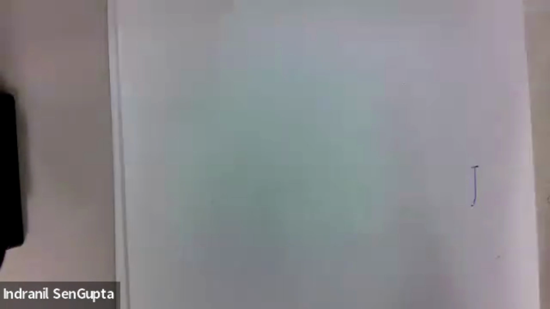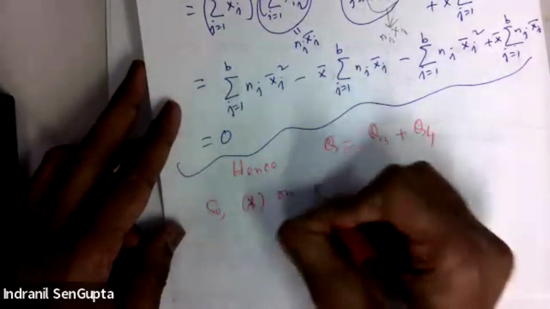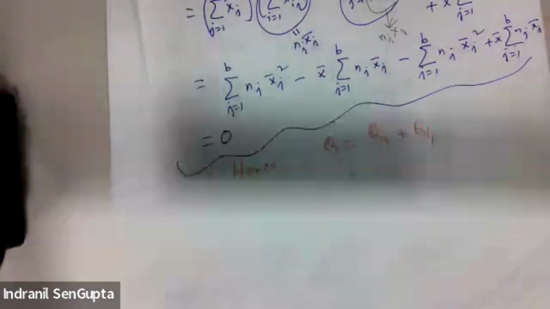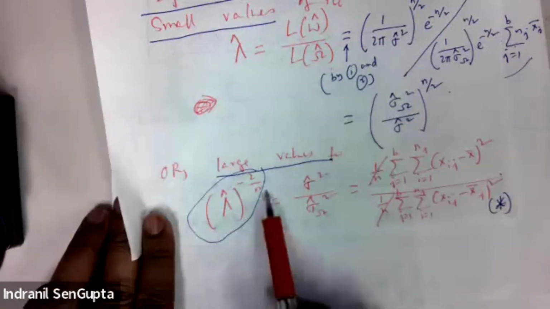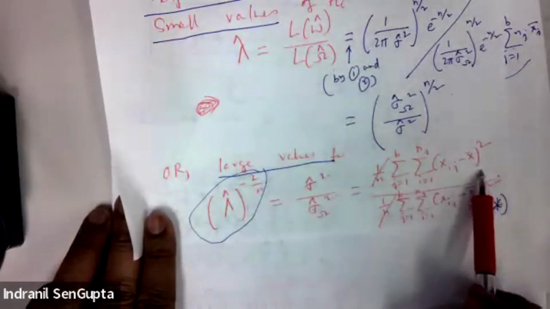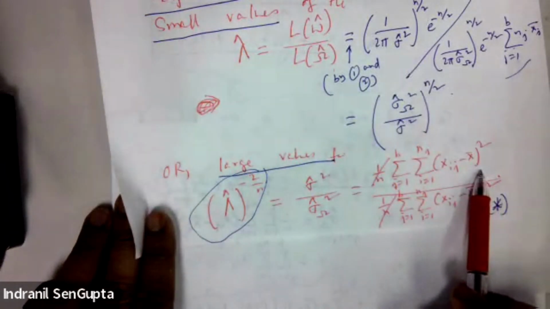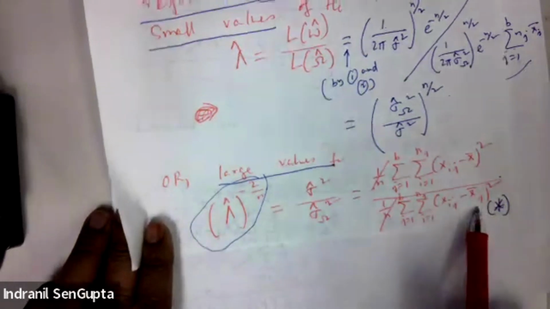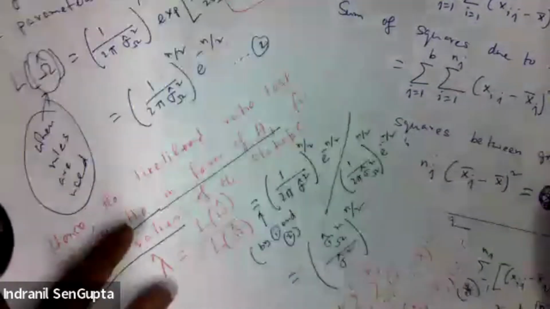So now let's go back to star, star on page 9 of my notes. It's right here. So basically it says this number is essentially Q over Q3.